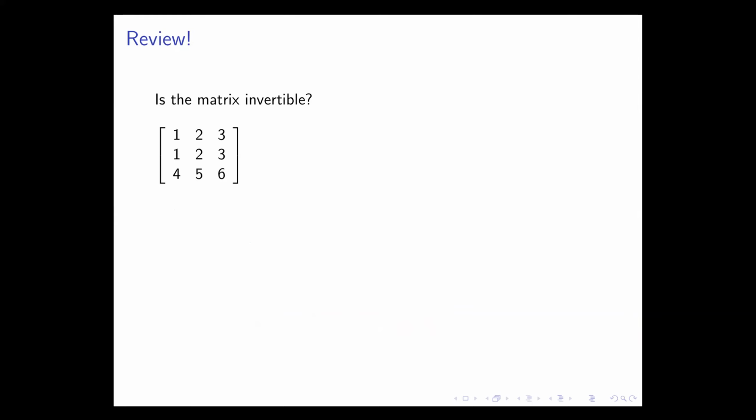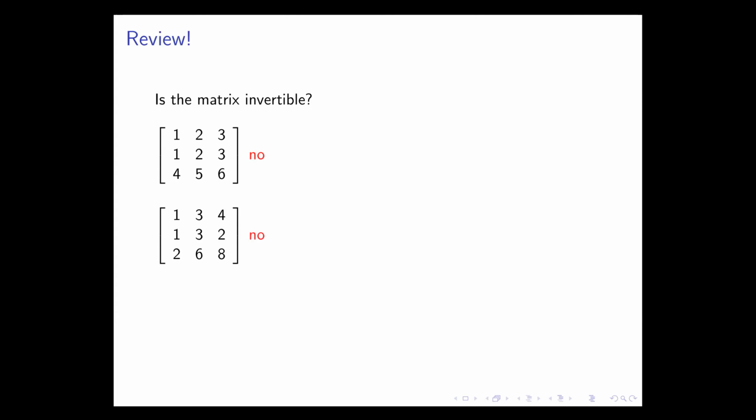How about this one? 1, 2, 3, 1, 2, 3, 4, 5, 6. No, right? Because the 2 first rows are proportional to each other, and by row reduction, one of the rows can be made equal to 0. 1, 3, 4, 1, 3, 2, 2, 6, 8. No. Again, try it for yourself.